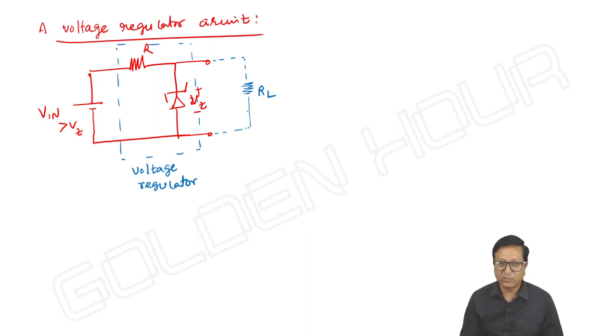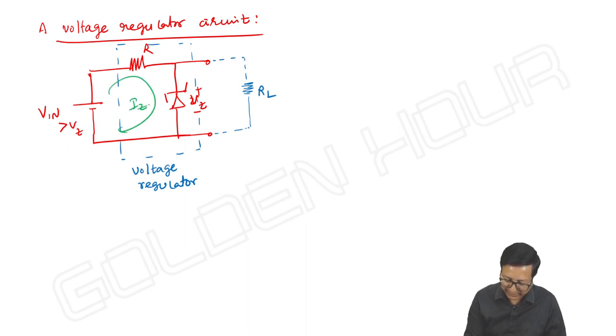Without the load resistor, what we can see here is, I said it is IZ and VZ like this. Now, once you connect the load resistor, I can't use the same notation.